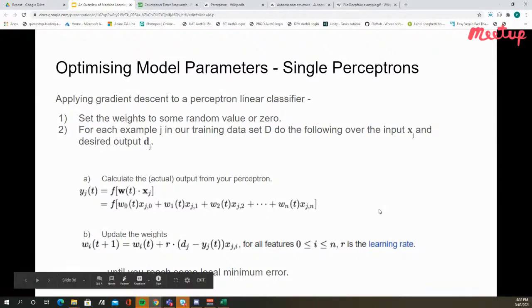So the learning rate is something you have to figure out, and you take your actual output from your expected value, and then you use that to update the weight value until you reach some local minimum. Now it is just a local minimum, but there are ways of extending that to possibly finding lower local minima, but the standard approach is as I've described here.